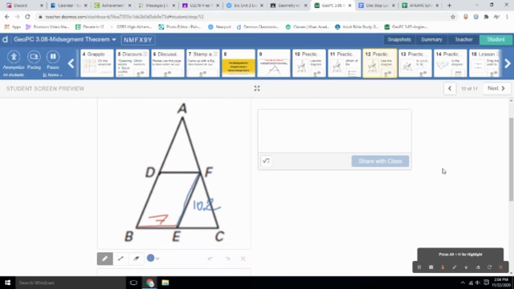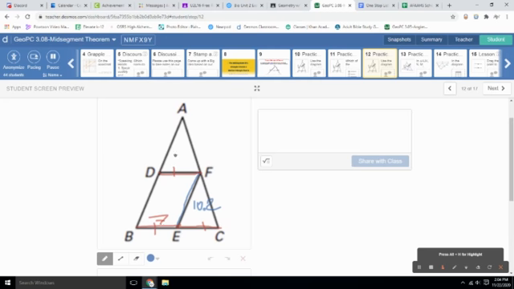Okay, so let's finish what we know. We know that there are some segments that are all congruent, and that would be this one, this one. We know that this segment from here to here is also going to be congruent. All three of these measure the same.